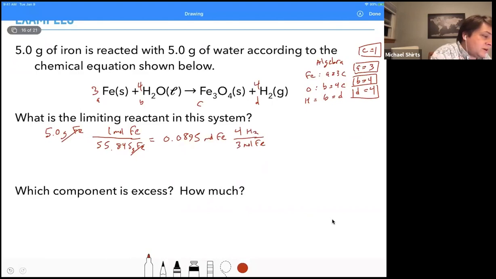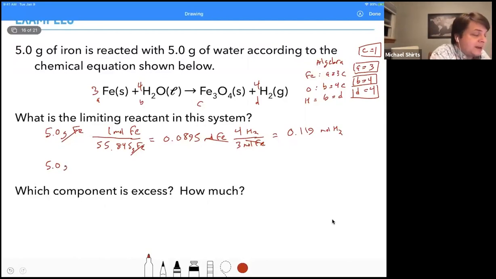So we're going to be canceling that out, and we get 0.119 moles of H2. All right, so if the iron reacts completely, that's how much H2 gas will be produced. Now let's look at the water. What if the water is in excess? How much is produced?